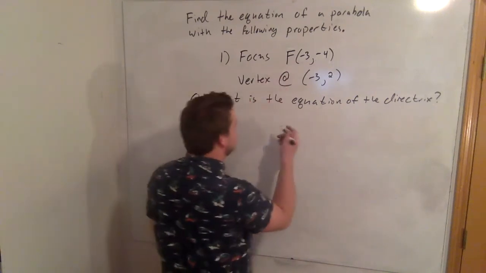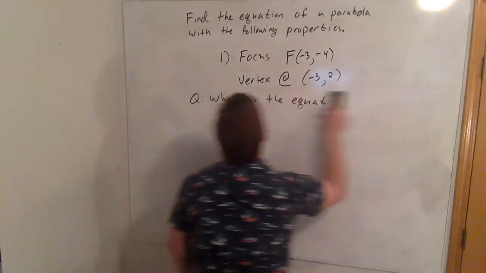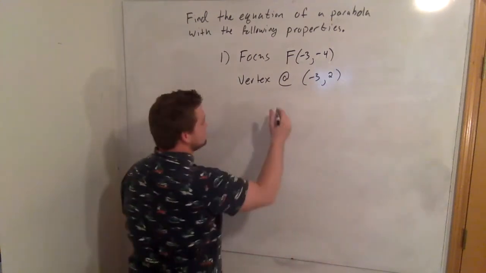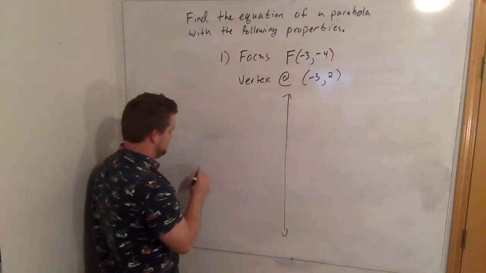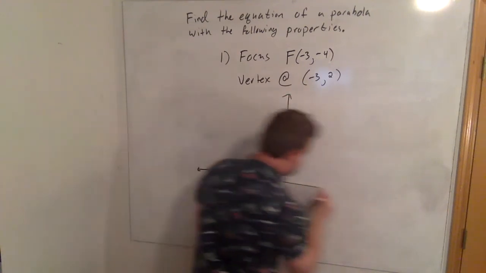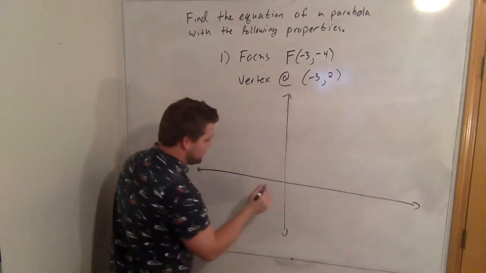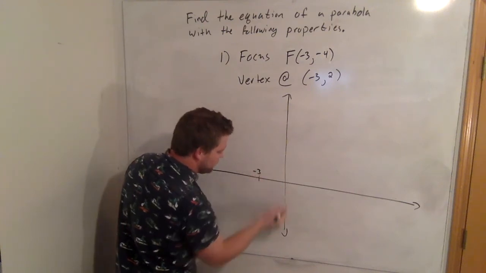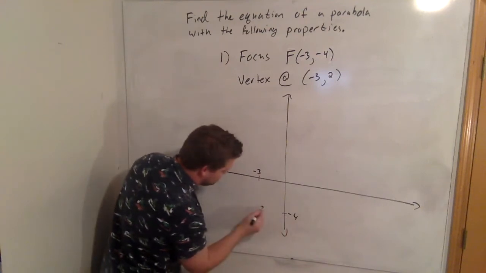So let's just sketch these features. We don't need a precise graph. I just need to plot enough information to get an idea of what's going on. Okay, so let's see. The focus has coordinates -3, -4, so roughly go over here, -3 units. We're going to go down roughly -4 units.